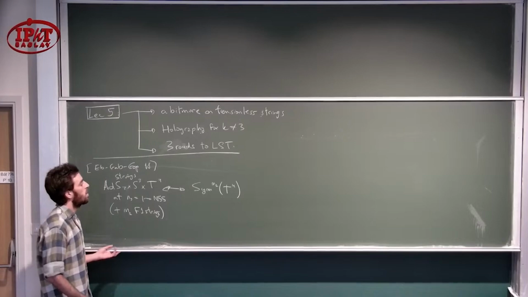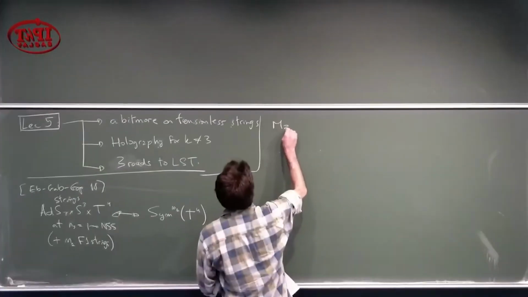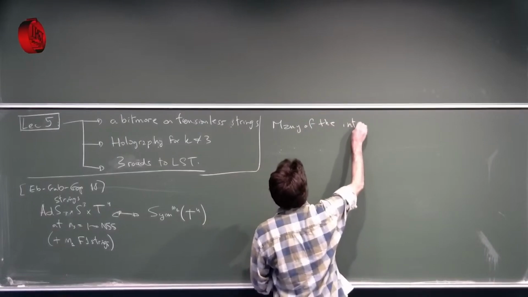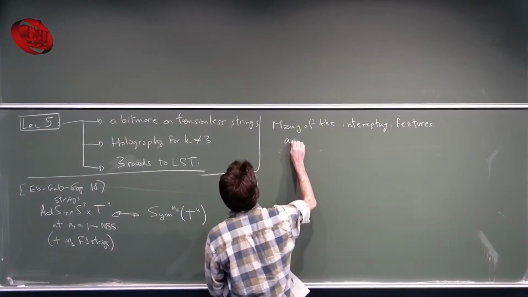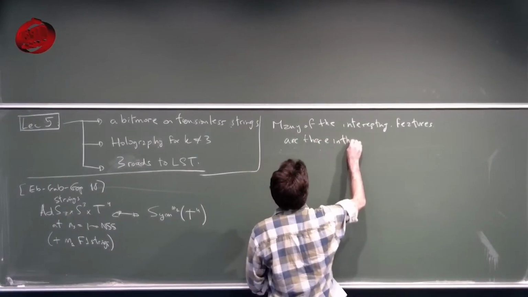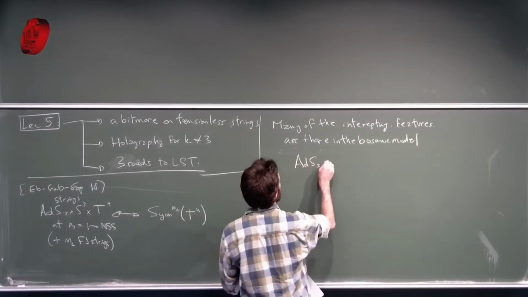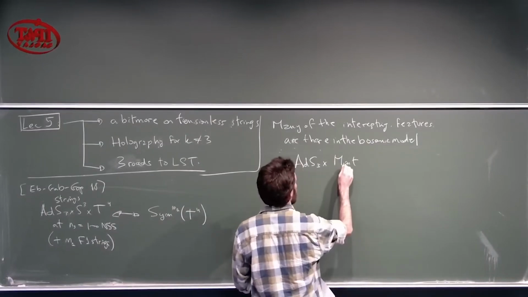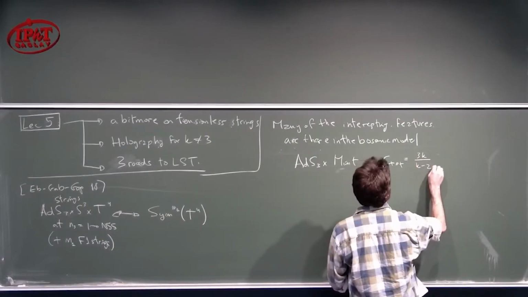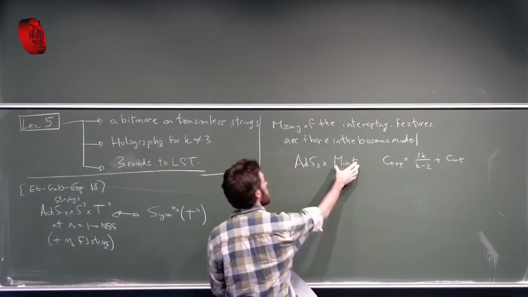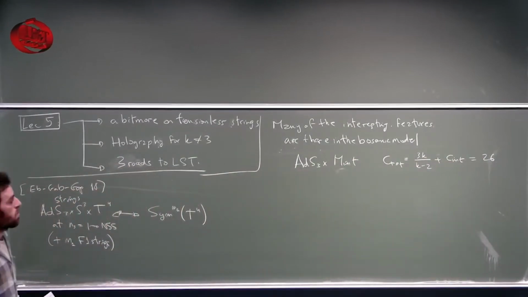So this is a supersymmetric setting, and I was trying to argue last time that many of the interesting features are there in the bosonic model on AdS3 times the internal manifold, where the total central charge, which is the AdS3 one, 3k over k minus 2, plus the central charge of the CFT associated to the internal manifold, has to be 26, together with the ghosts, as in the usual critical theory in the bosonic version.